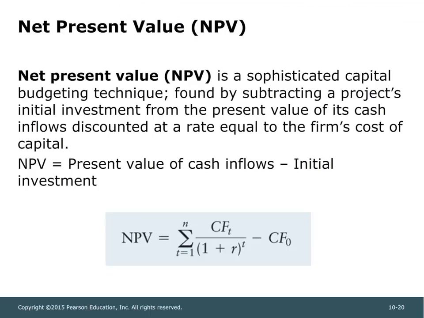A second method of evaluating a project or comparing across different potential projects is net present value. So it comes back to essentially the same ideas we saw when we were doing bond or stock valuation, is we want to find out what is the net present value.